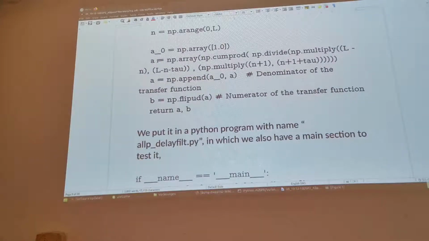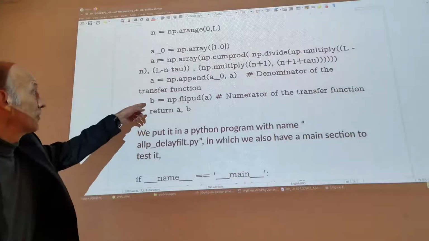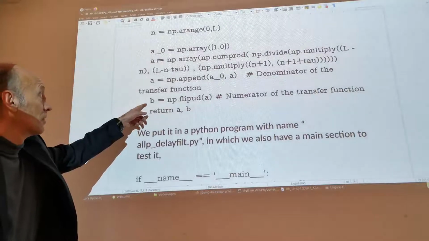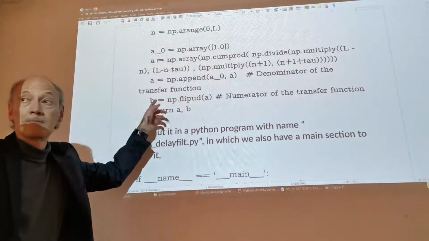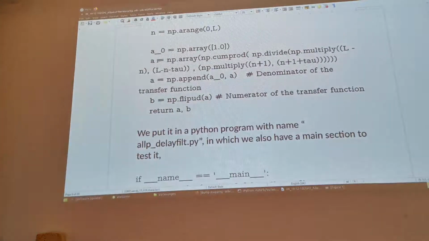So, as I said, it's kind of tricky, but in the end it gives us a nice IIR filter. And B is simply the flipped array A. And this leads then to a magnitude of 1. So we give it the name all-pass delay filter.